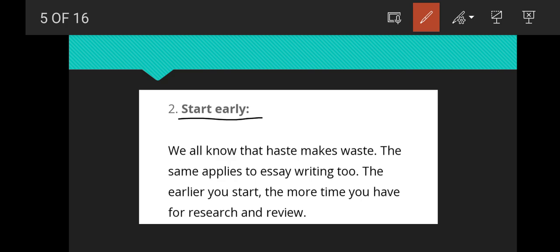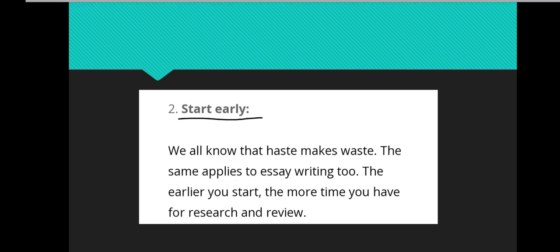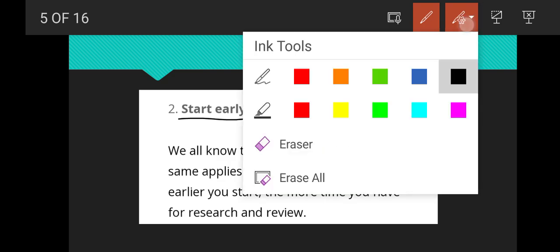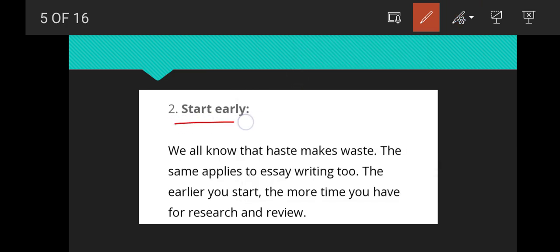I'm not talking about composition only but essay too. So start early, this was your second point. Haste makes waste. This you have to remember, you have to keep in your mind. जल्दबाजी का काम किसका होता है? शैतान का होता है, right?